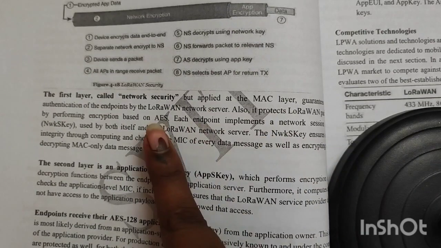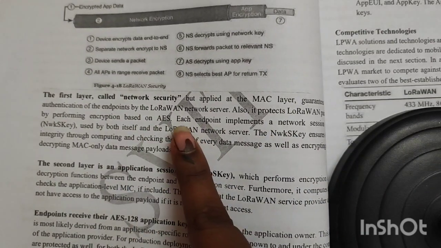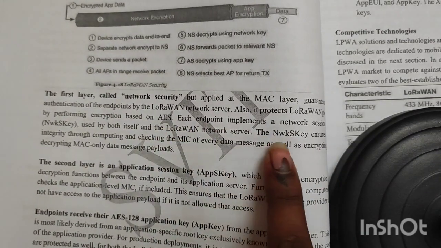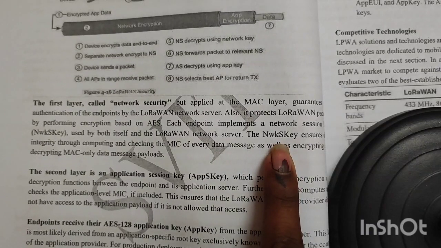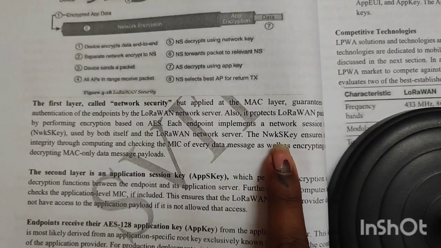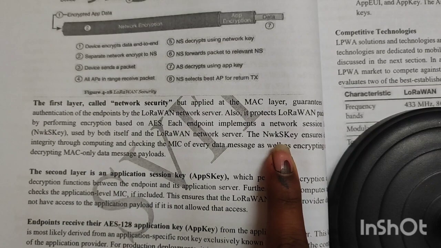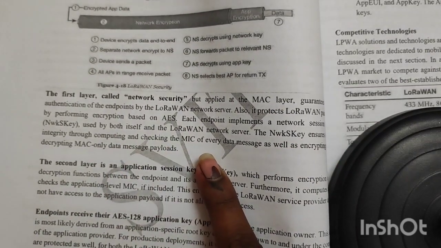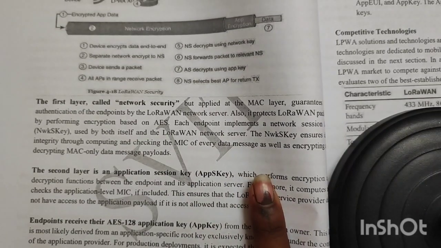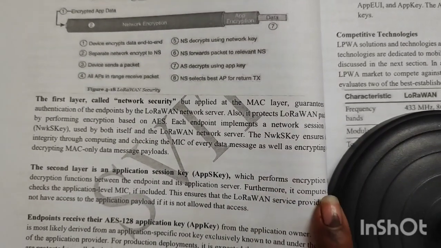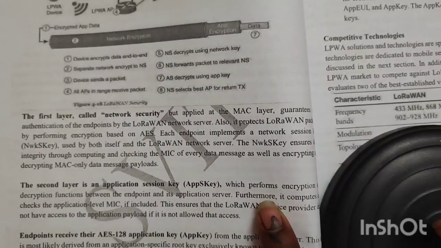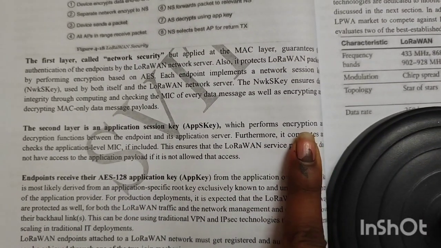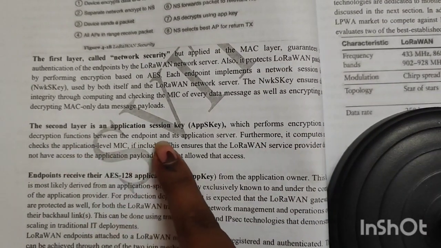The encryption is performed by AES with the network session key. You use the network server key and ensure that integrity is maintained by checking the MIC of every encrypted data message. The second layer is the app key, which performs encryption and decryption between endpoints.